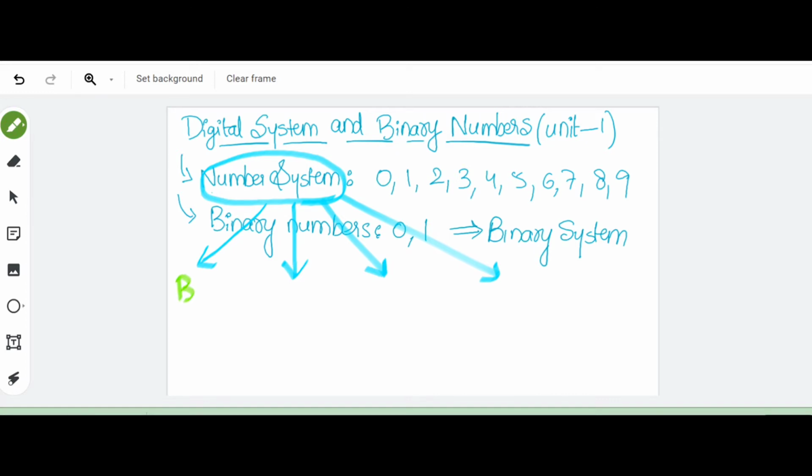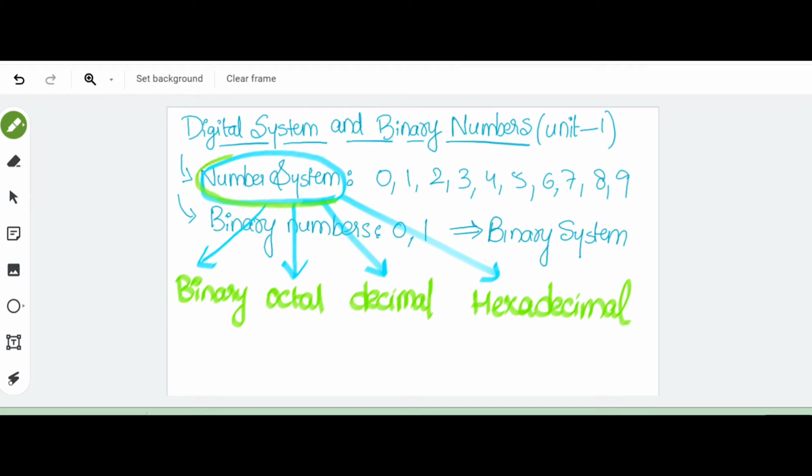The first type is the binary system, and the next type is octal. Then we have the decimal system, and then we have the hexadecimal system. So these are the 4 types of number systems. Remember this. Now we will discuss each thing in a specific way.